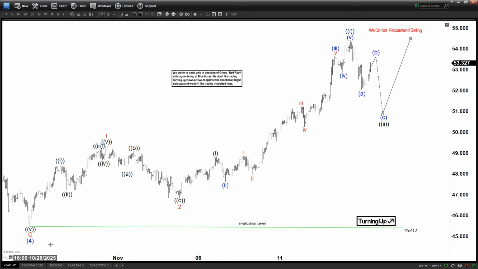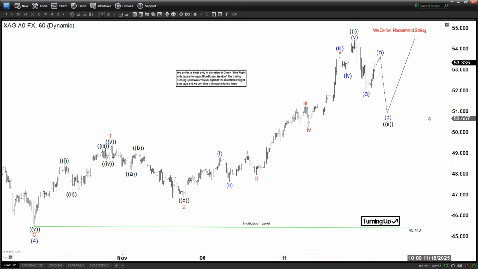So now what we're looking for basically is any kind of pullback. A 3 swings pullback should be able to find another support for further upside from here. Now, does it mean we need to do another leg down? It does not. We could in fact be ending 2 already and going up. We could even still be ending 4 here.